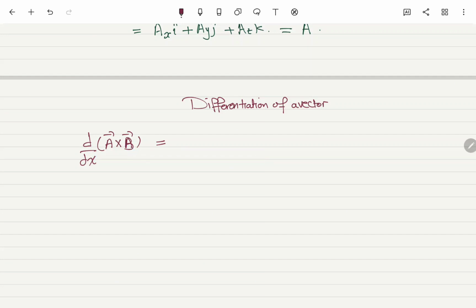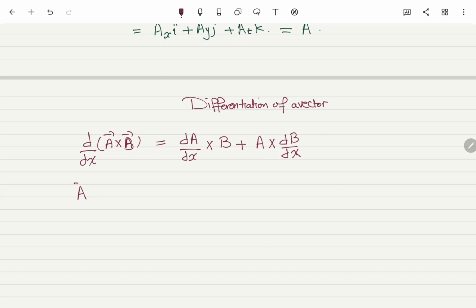It's very important to keep the order. So dA cross B by dx plus A cross dB by dx. Again, the order here is very important.